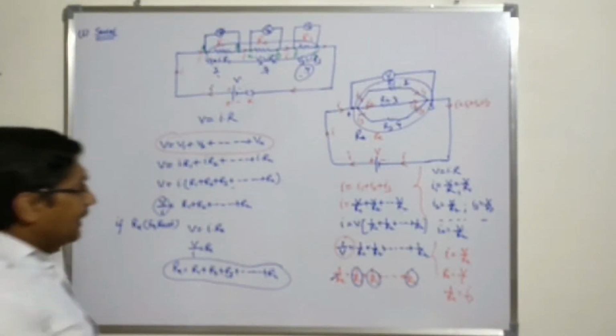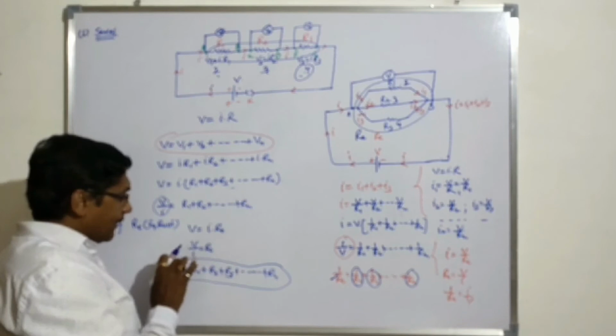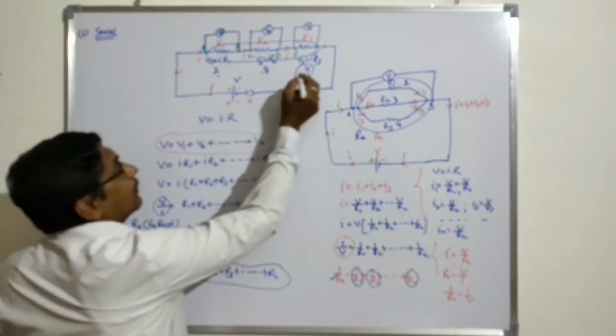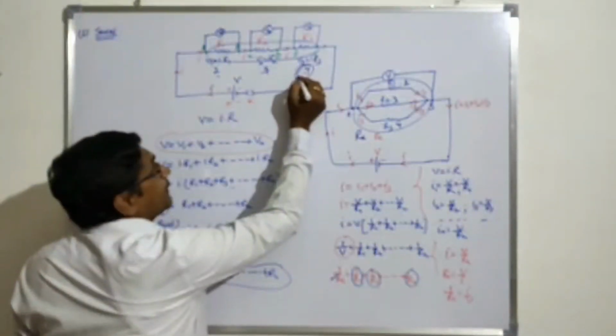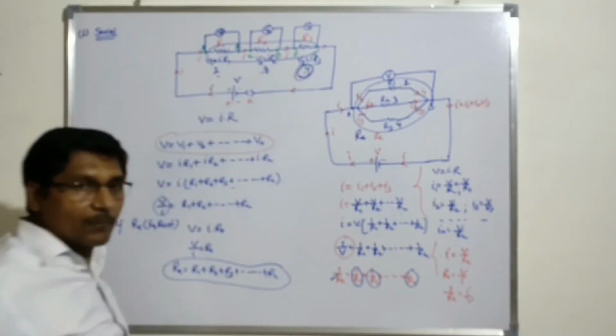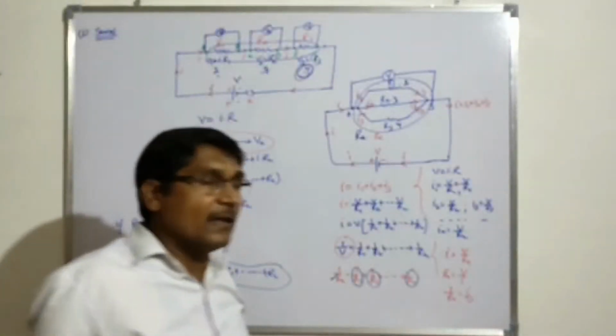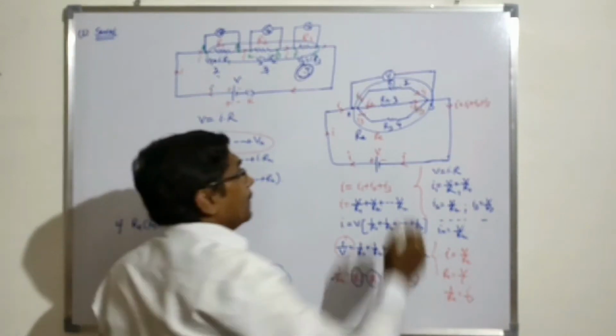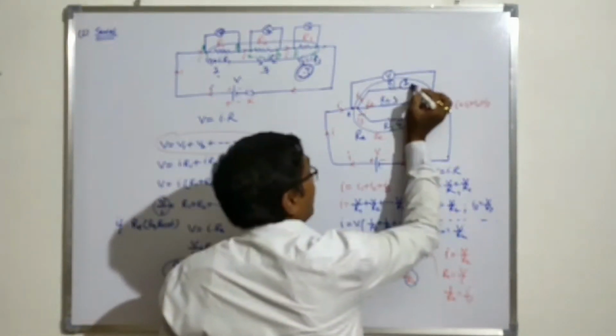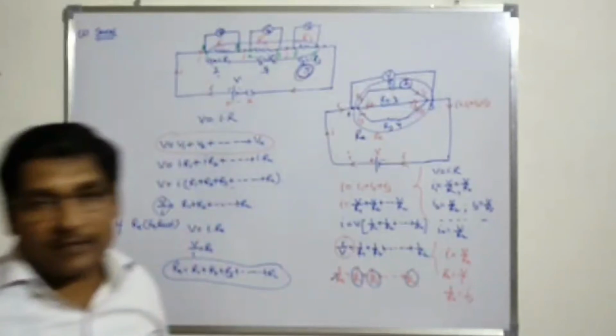I repeat, in series combination, the equivalent resistance is found more than the maximum value of individual resistance, and in parallel combination, the equivalent resistance is found less than the lowest individual resistance.